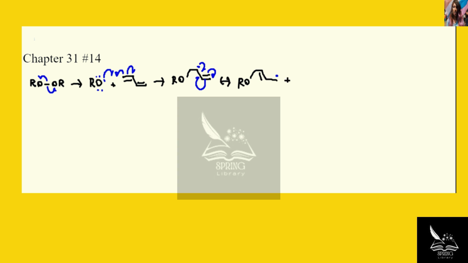And then another of these monomers can react again in the same way that the first one did. So this radical can come together with a double bond electron to form a new bond, and the other electron will revert to the next carbon.